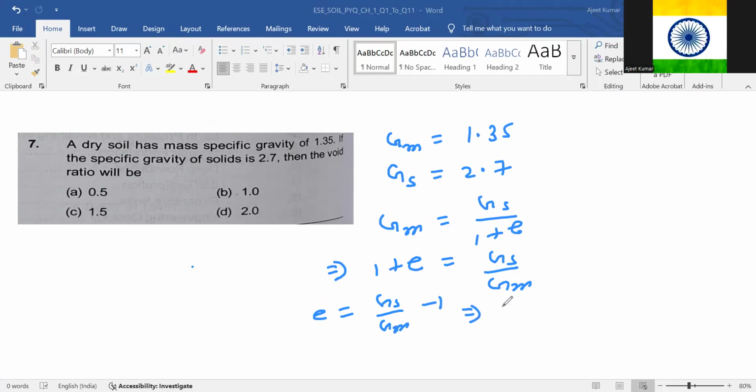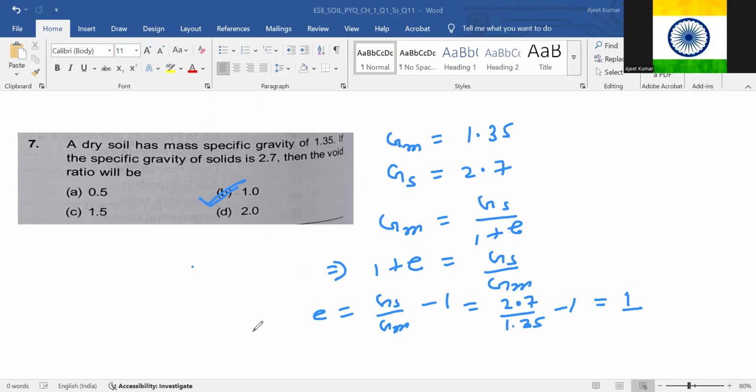Gs is 2.7 divided by Gm is 1.35, minus 1. When you calculate this, you will get the result 1. So this will be the answer B. Option B will be the answer.